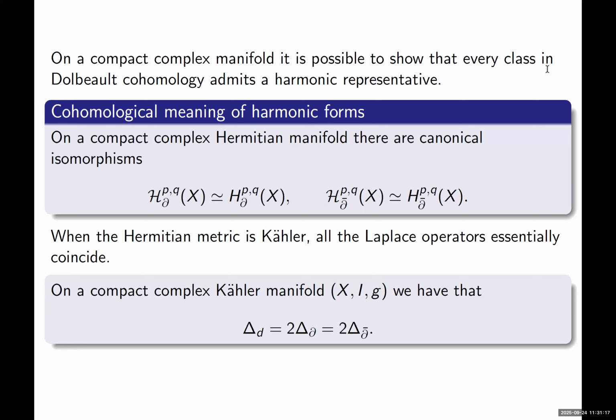So in the case where the almost complex structure is in fact a complex structure, we have a way to recover these vector spaces from analysis, from harmonic forms. In the case where the metric is scalar, we have something more.